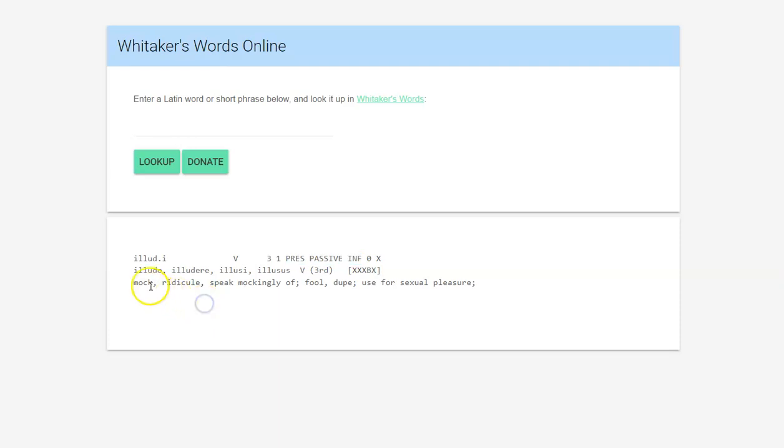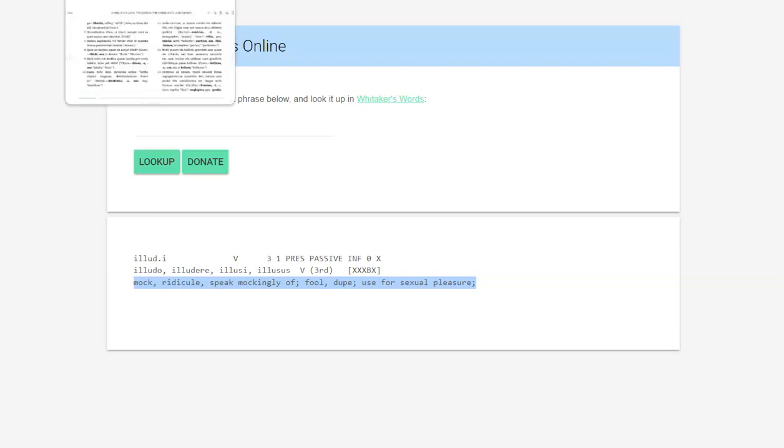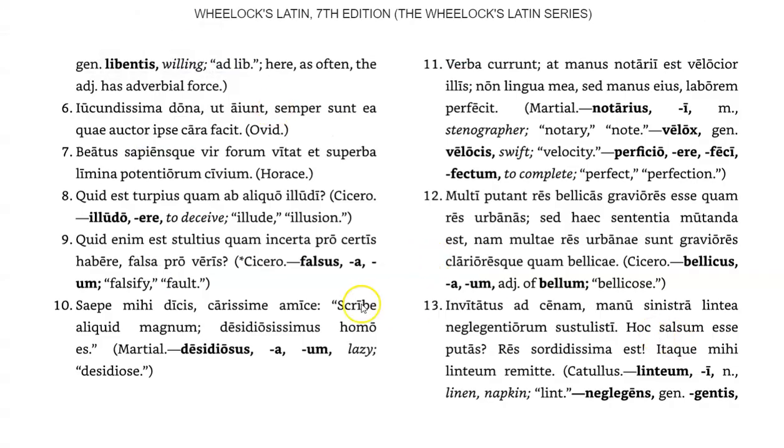You can see here: to be mocked, to be ridiculed, to be spoken of mockingly, to be fooled, to be duped, clearly doesn't mean to be used for sexual pleasure. That's not what Cicero means, so we rule that one out. But you have to decide which one you're going to use here. So to be deceived, since that's what they're giving here in the italics, let's go with that one.